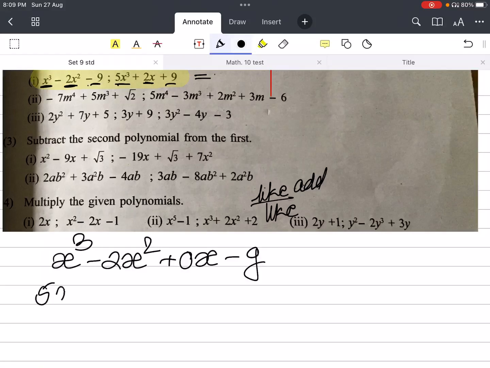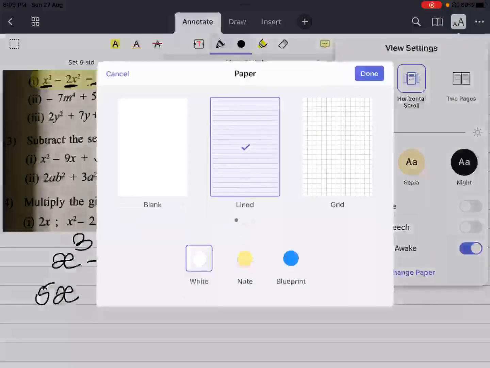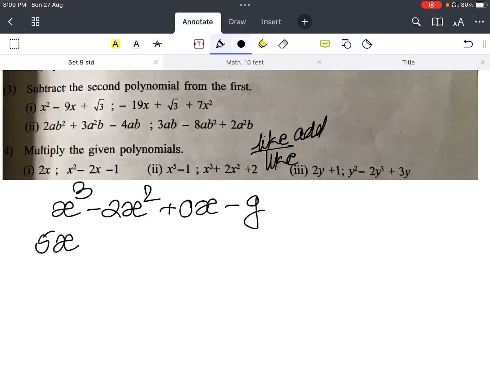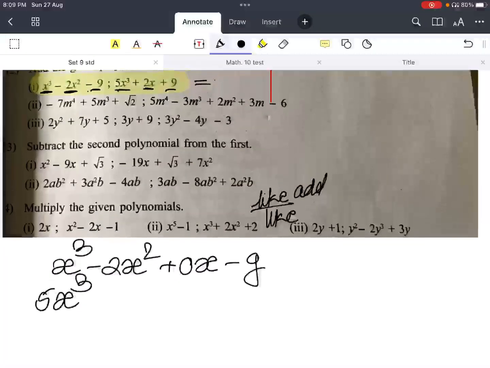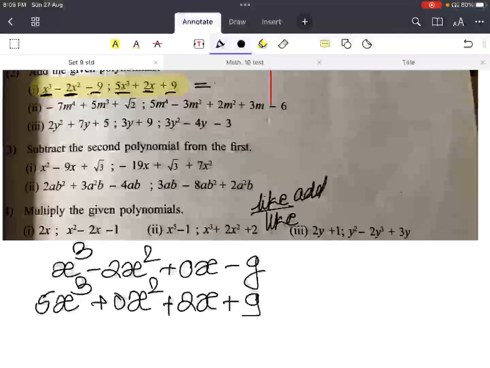Second one, 5x cube plus 2x. Therefore x square is missing, so write down 0x square plus 2x plus 9.